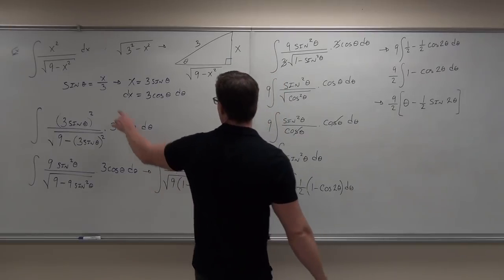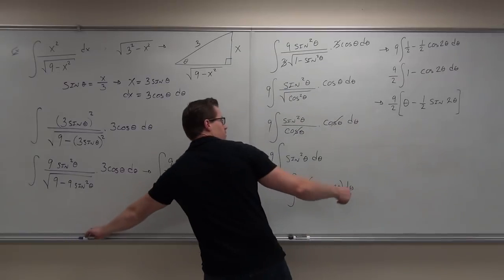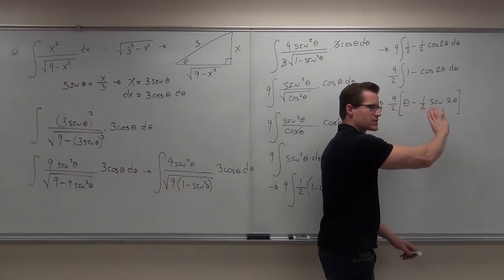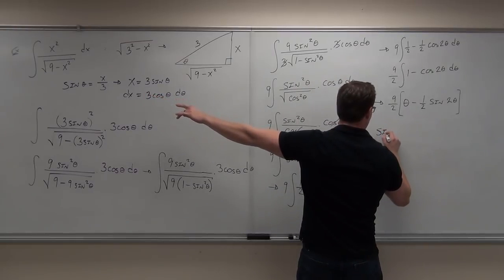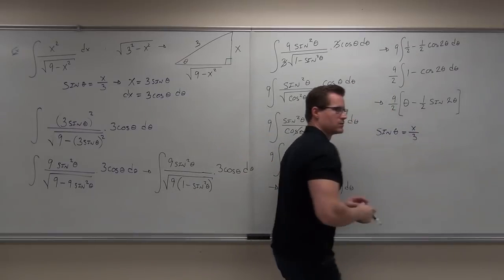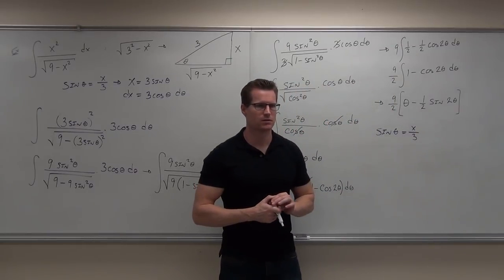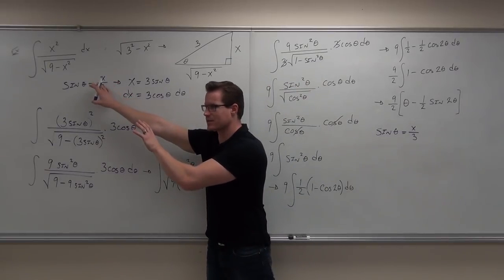Well, we know that sine theta equals x over 3. Let's start with this, okay? Because you can't have any thetas left. You got to have all x's. We know that, don't we? Okay, cool. So keep it simple. Use this substitution again. This is why we write this one.